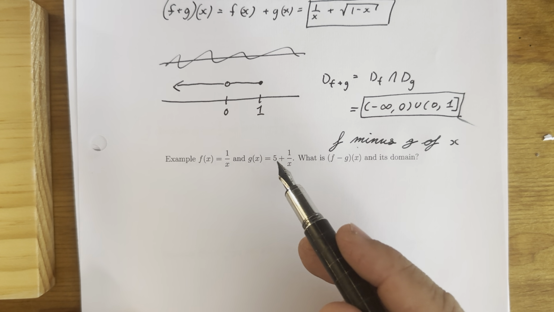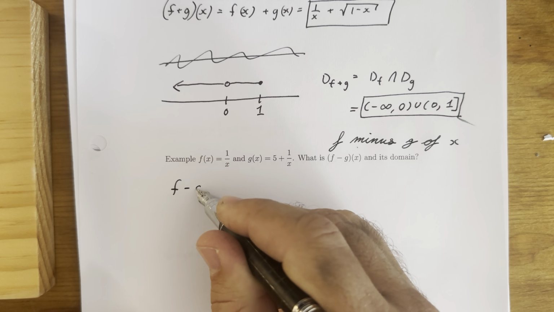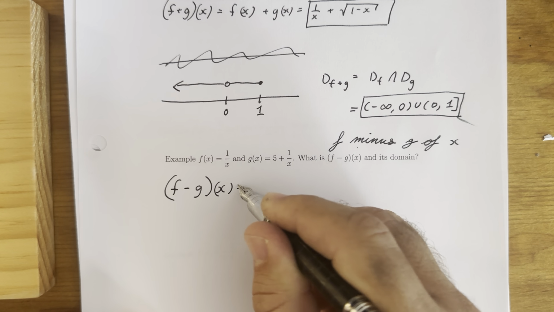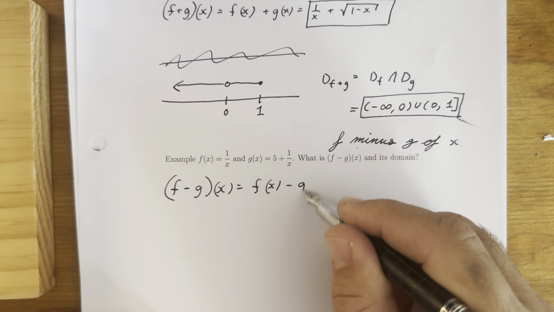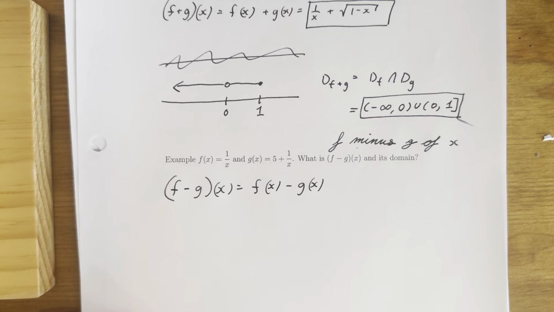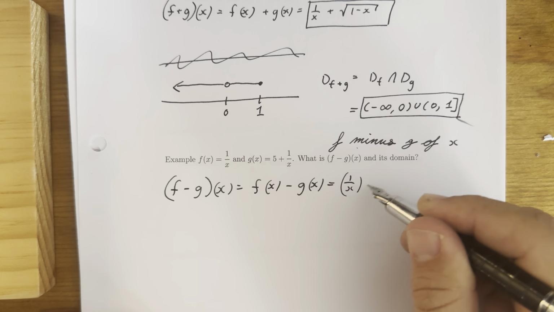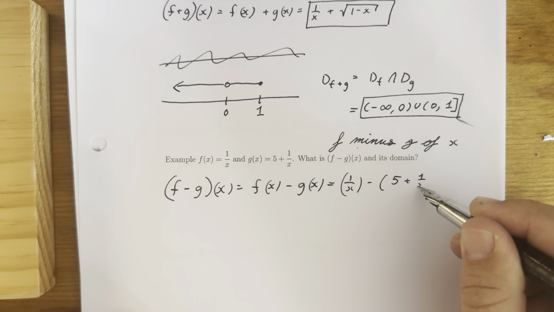And so we have functions somewhat similar to what we were doing before, but they are different. So f minus g of x, again, that is simply f of x minus g of x. And so we have 1 over x minus 5 plus 1 over x.